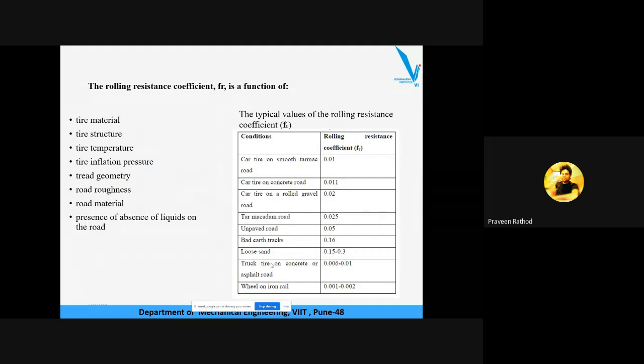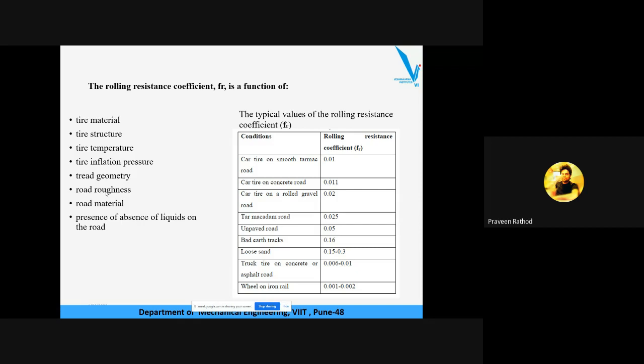The rolling resistance coefficient fr is a function of the tire material, tire structure, tire temperature, tire inflation pressure, tire geometry, road roughness, road material, and the presence or absence of liquid on the road surface.